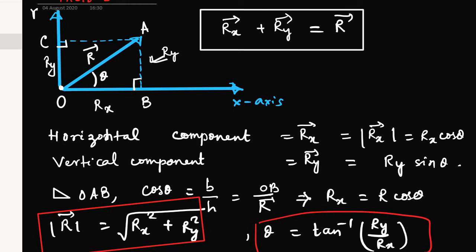For a vector there will be only two components, that is unique for it. Another thing I want to tell you is that a vector can have infinite component vectors. This is important, an MCQ comes from it, so I am discussing it. A vector can have infinite component vectors.